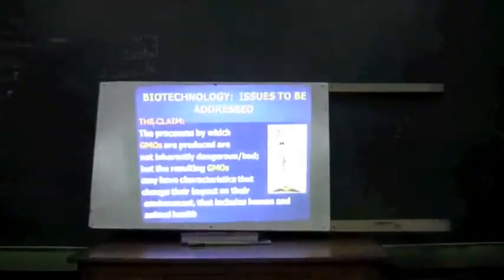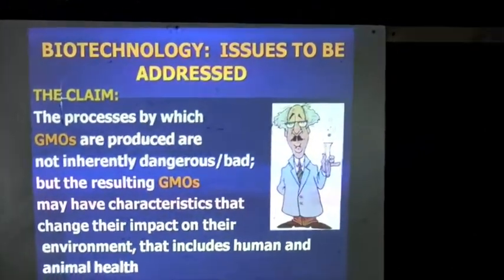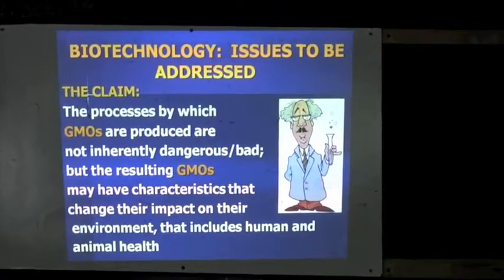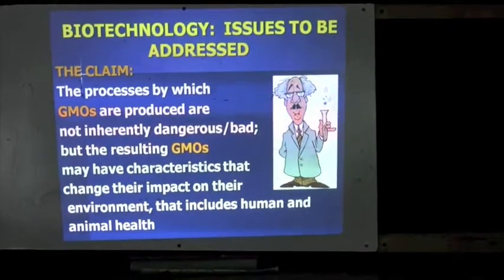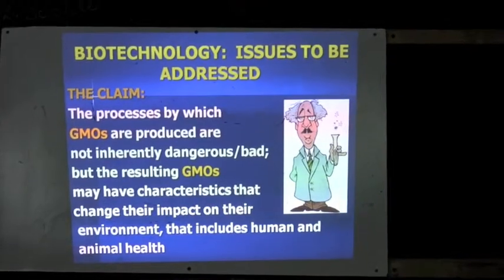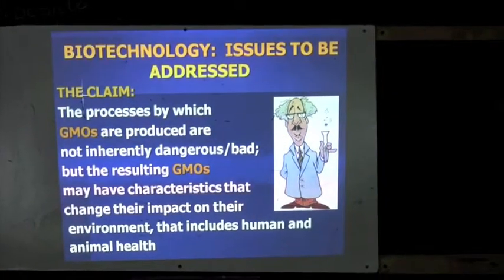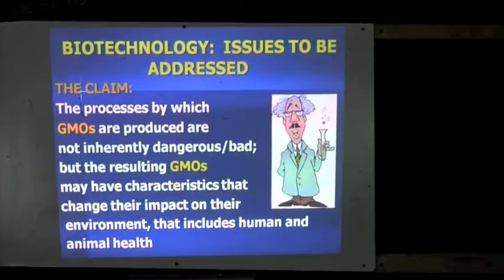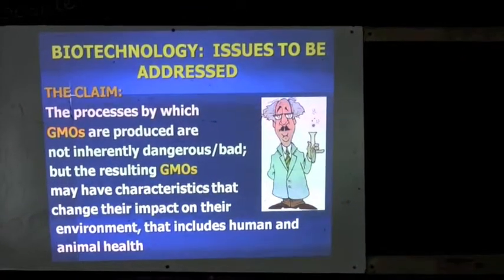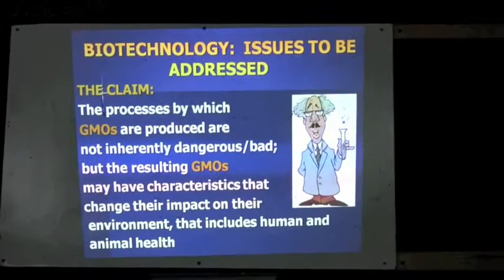Now, in terms of the biotechnology issues, the scientists claim that the processes by which GMOs are produced are not inherently dangerous, they're not inherently bad, but the resulting GMOs may have characteristics that change their impact on the environment, and that includes human and animal health.